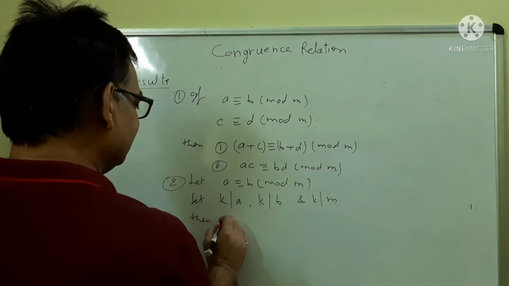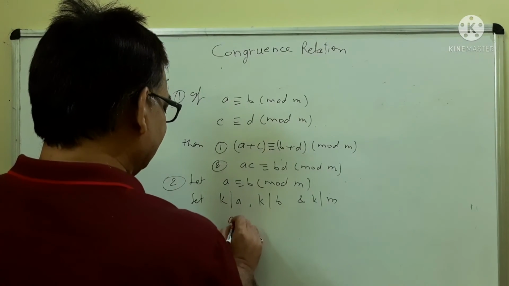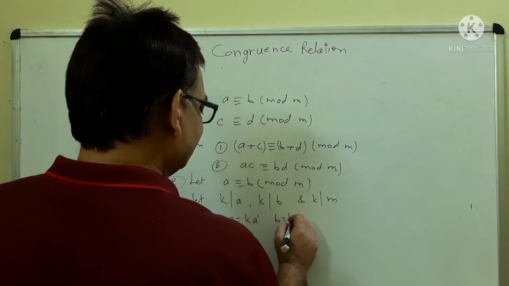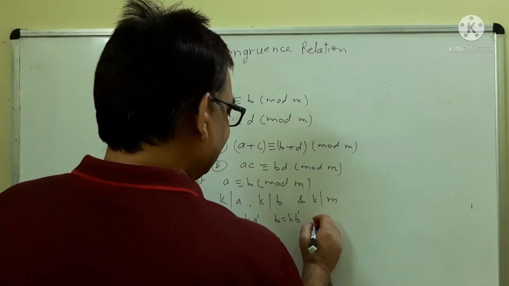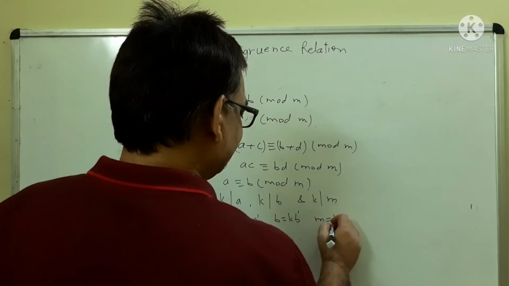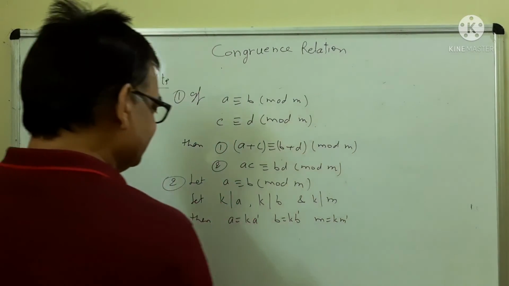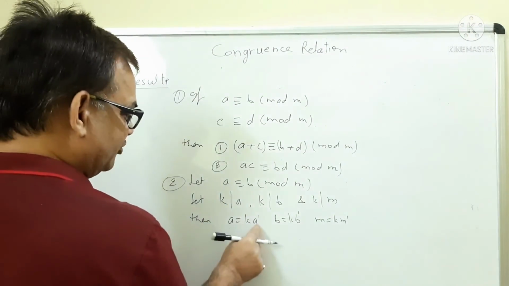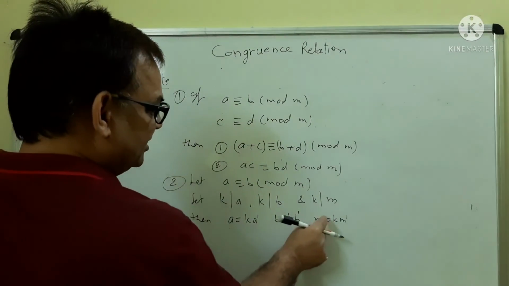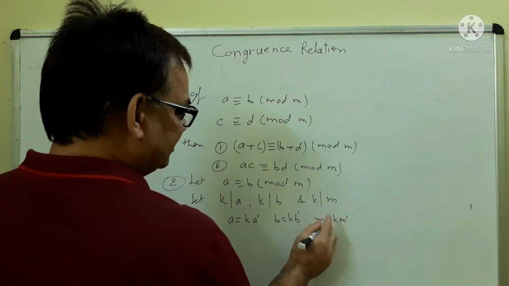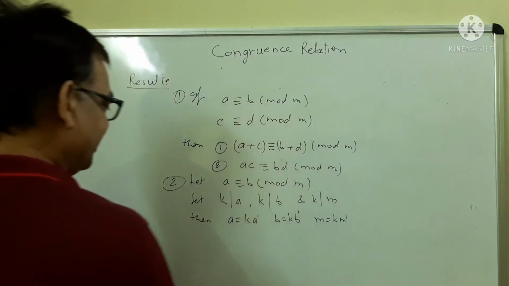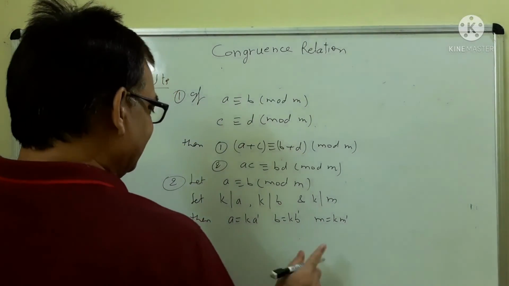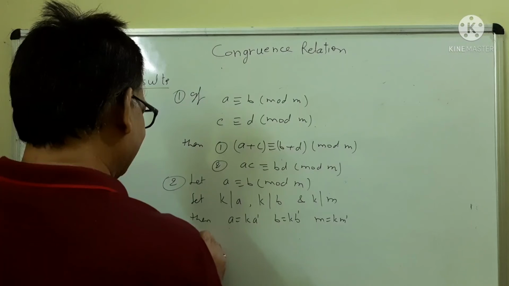Then a is equal to k a dash, b is equal to k b dash, and m is equal to k m dash, since k divides a, say a by k is equal to a dash, b by k is equal to b dash, m by k is equal to m dash.